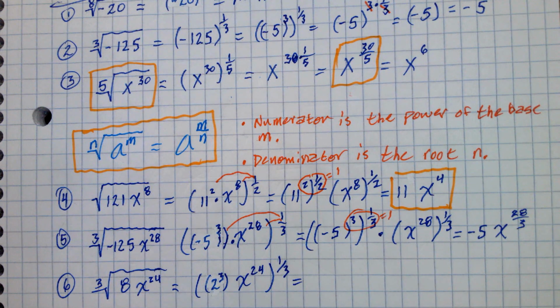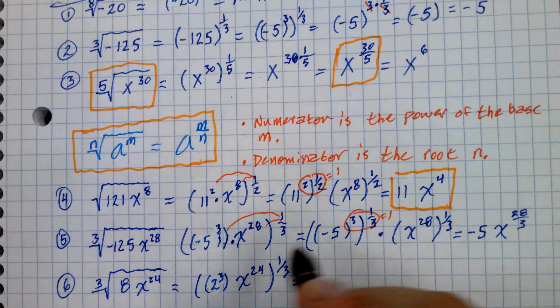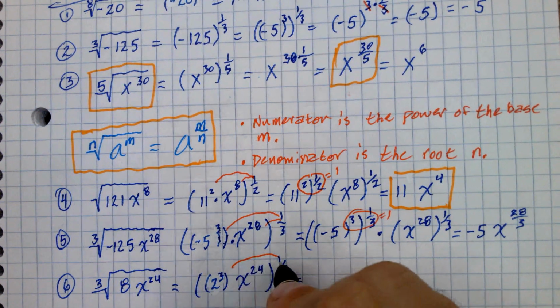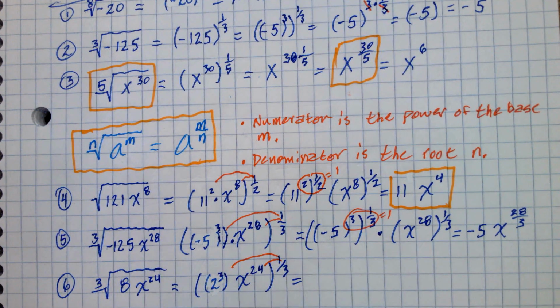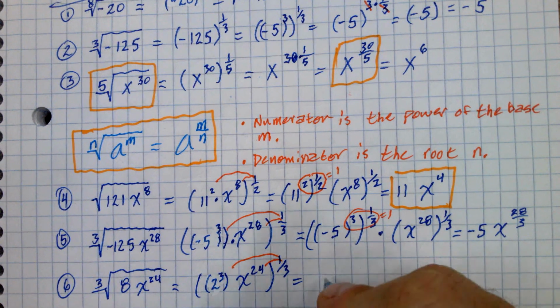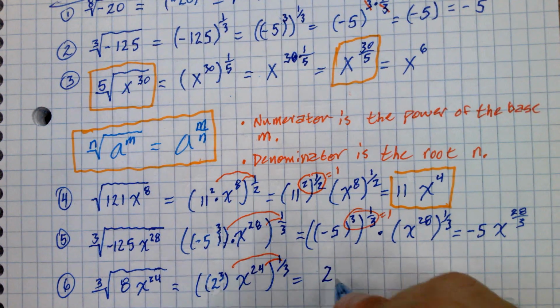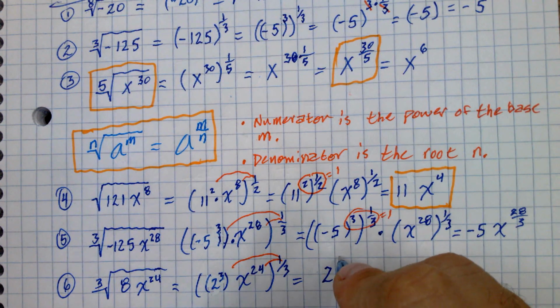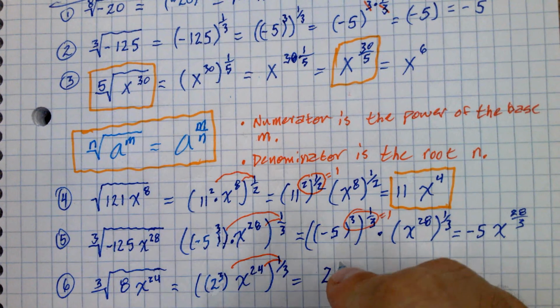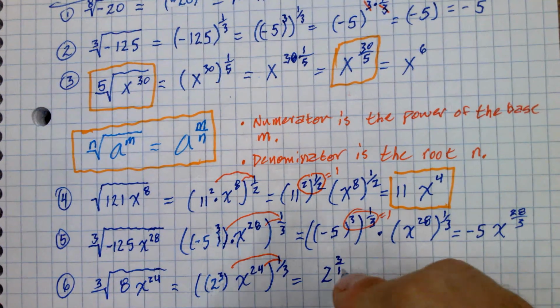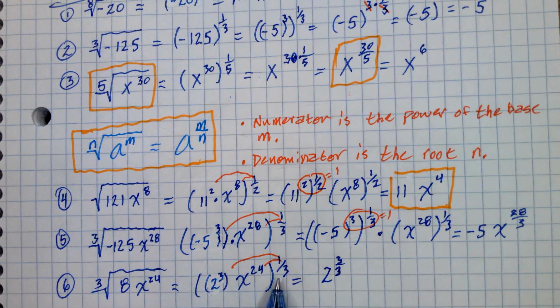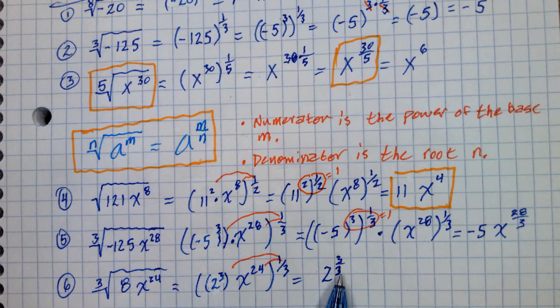And then let's go ahead and share that. So this becomes 2 to the, if I multiply it, I get 3/3. I'll show it to you this way. 3 times 1/3 is 3/3, right?